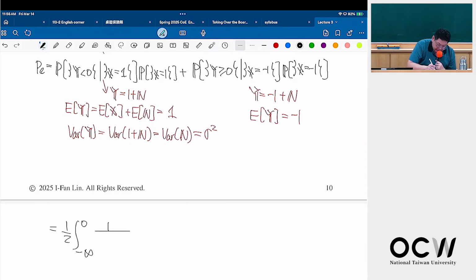That is 1 over square root of 2 pi sigma squared, e to the minus y minus 1 squared over 2 sigma squared.